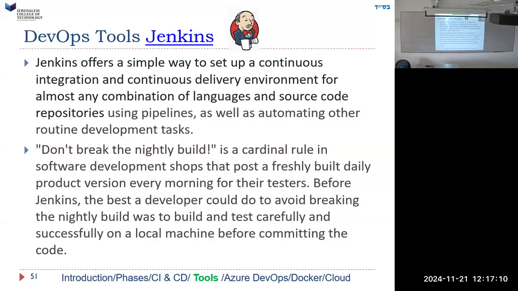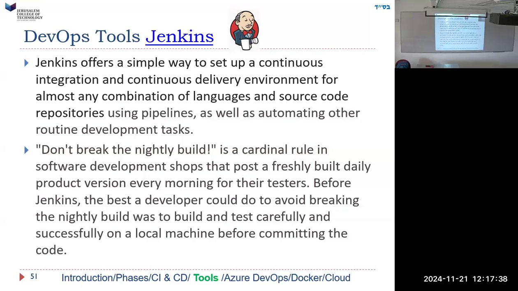Before Jenkins, the best a developer could do was to avoid breaking the nightly build, to build and test carefully and successfully on a local machine before committing the code. In other words, he tests it. How do you find a bug? Imagine you found a bug and you put it into the actual server that people are going to use. Then you've ruined the server, and even if you undo it, you've ruined it temporarily.